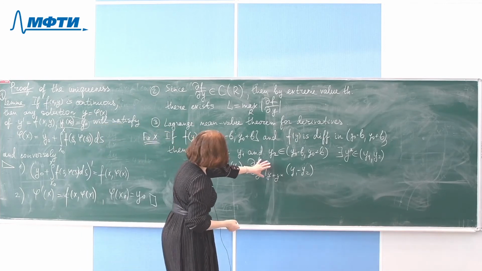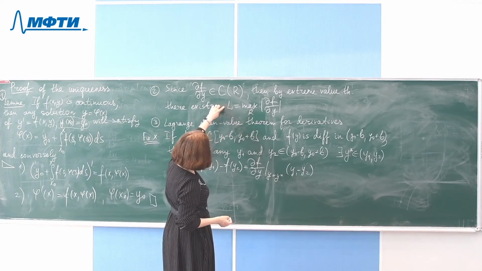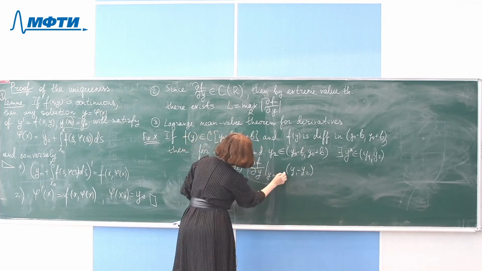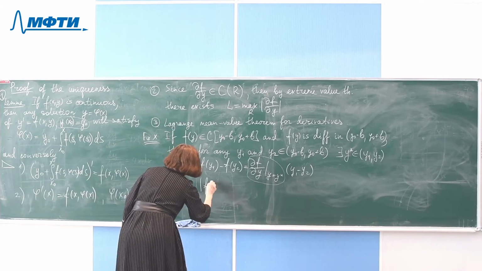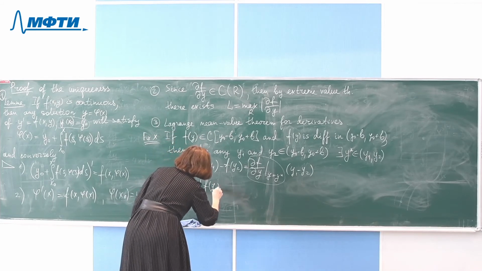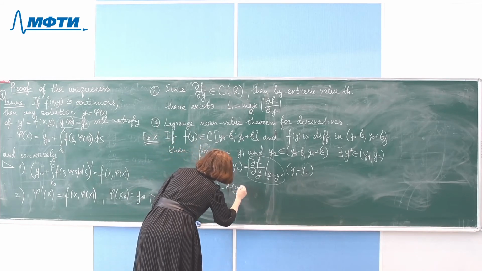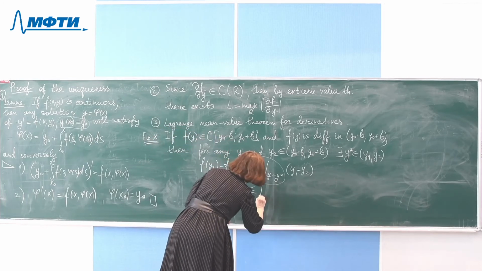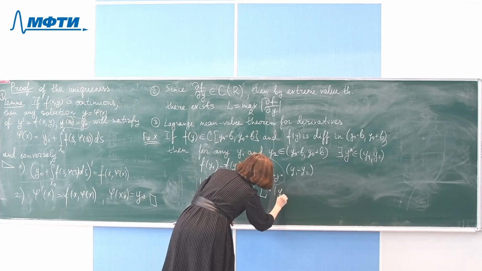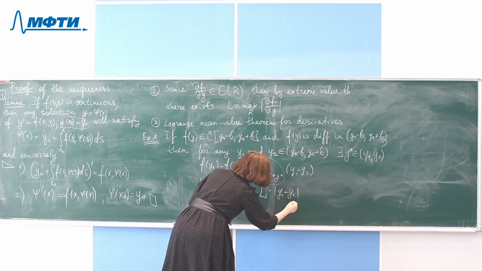And since this derivative is bounded, we can state that the absolute value of f of y1 minus f of y2 doesn't exceed L times the absolute value of y1 minus y2.